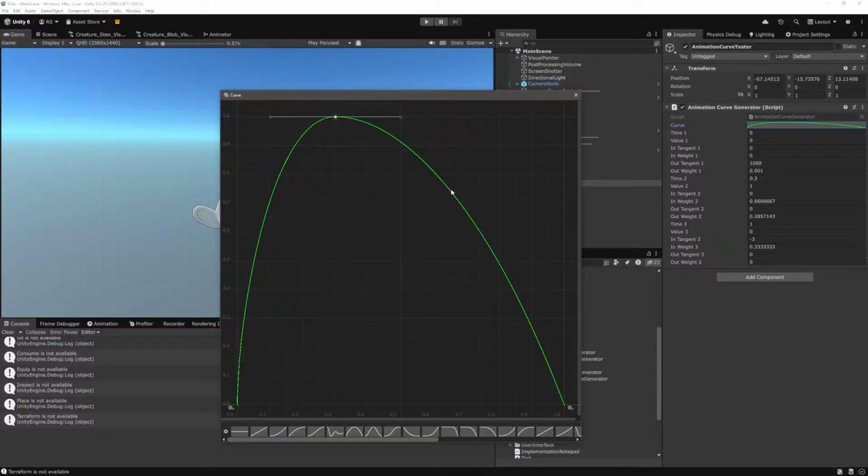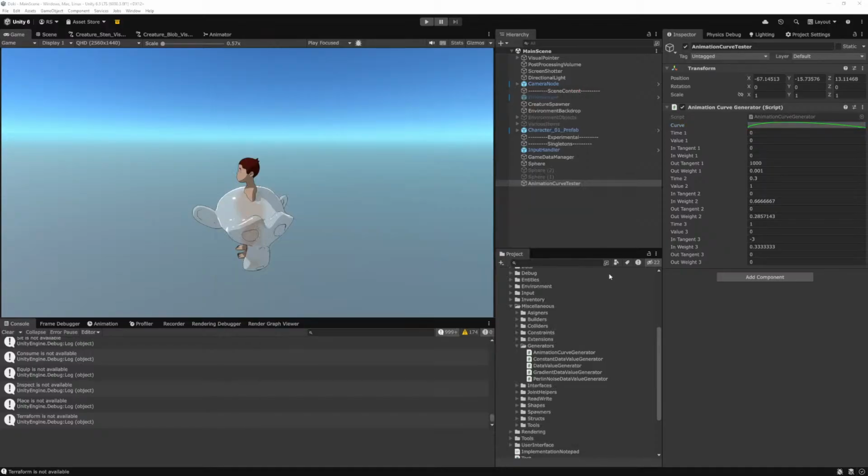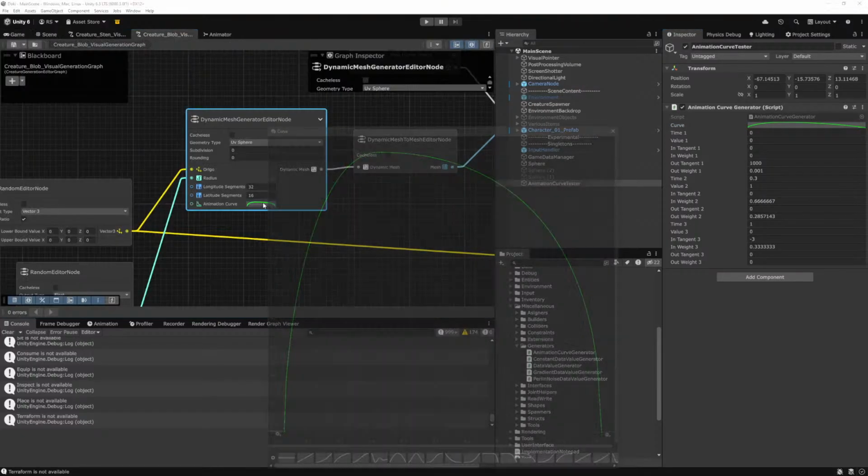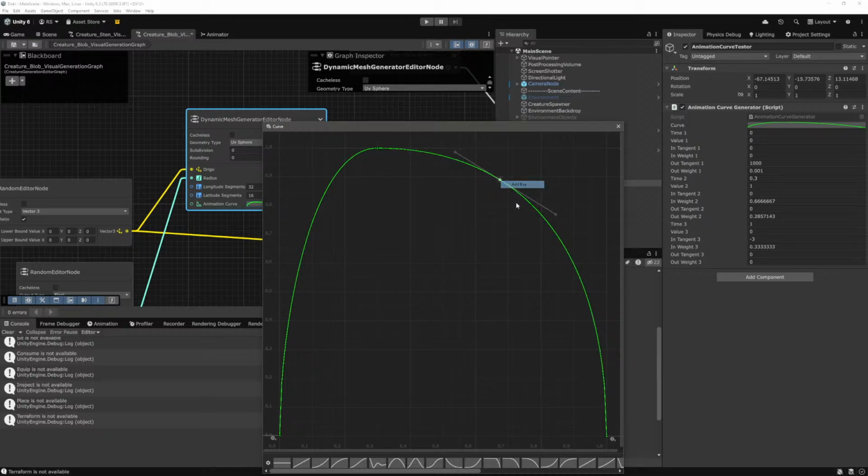But then I want to add another option. Oops, what happened here now? Oh, that's not the one I wanted to alter here. I do want to add the option to have a separate one. I want to go a little bit crazy with the shape of the blobs, you know?